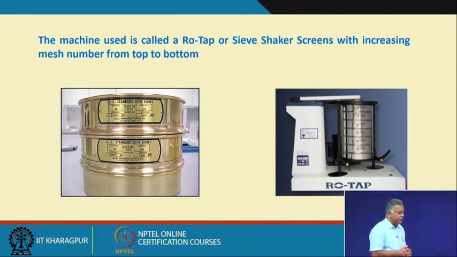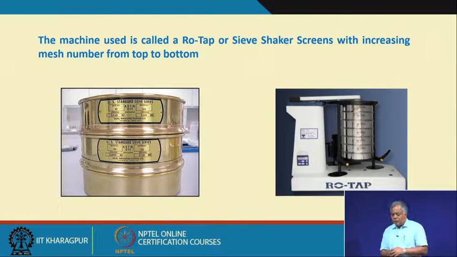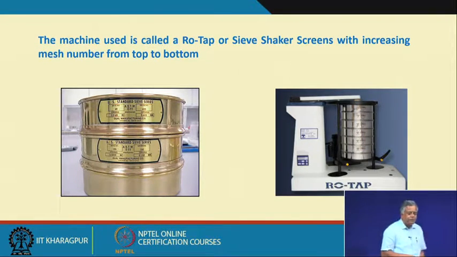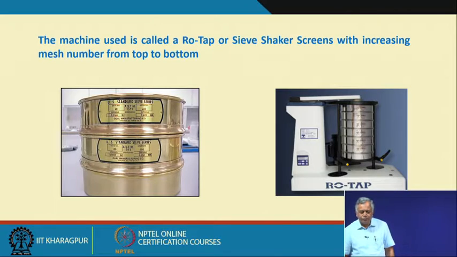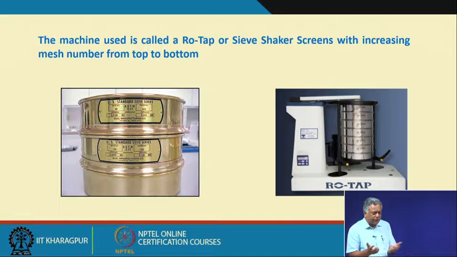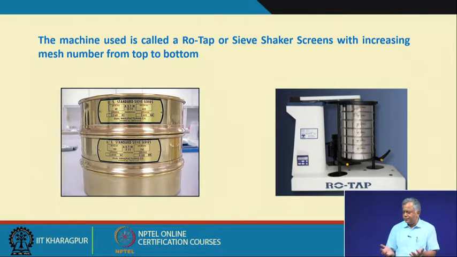Suppose my guess is that it starts from 600 micrometers. Suppose I have 200 grams of representative sample. I will take first a 600 micrometer sieve, and then we simply try to sieve it by hand.